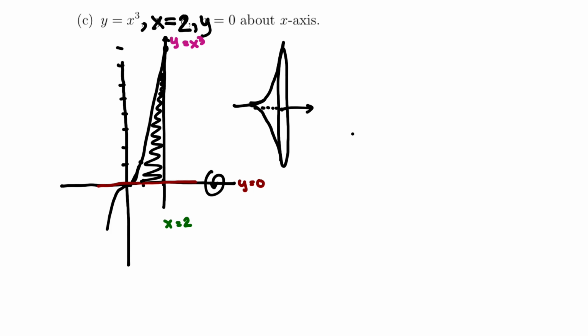I might have had us draw this picture last time, but I might not have found the volume. We did something like this, but we were looking at it flipping around.